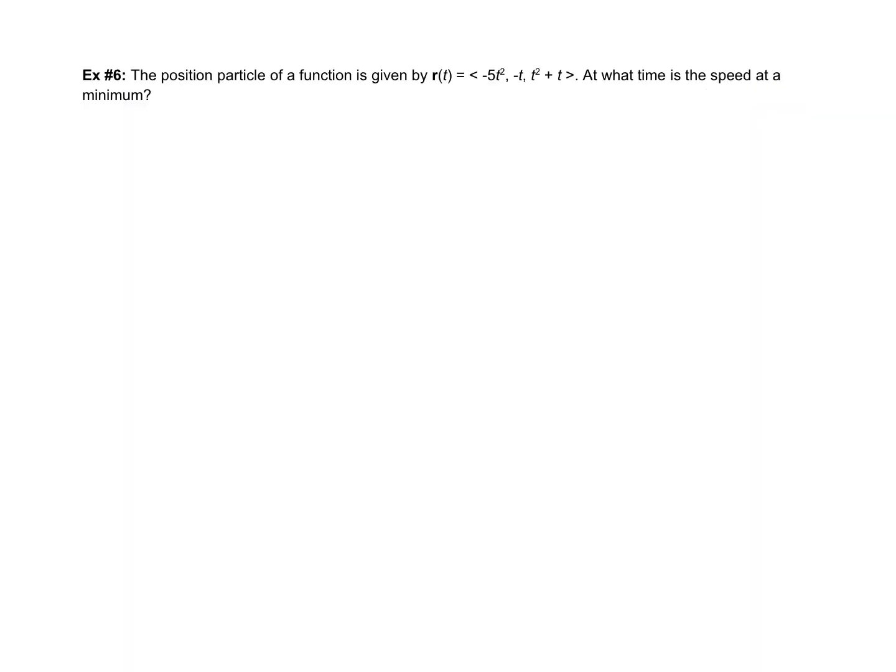Okay, the position of a particle is given by a function r. At what time is the speed at a minimum? Okay, so we should be thinking right now speed is the magnitude of velocity, and velocity is the first derivative of position, which in this case would be negative 10t, negative 1, and 2t plus 1.